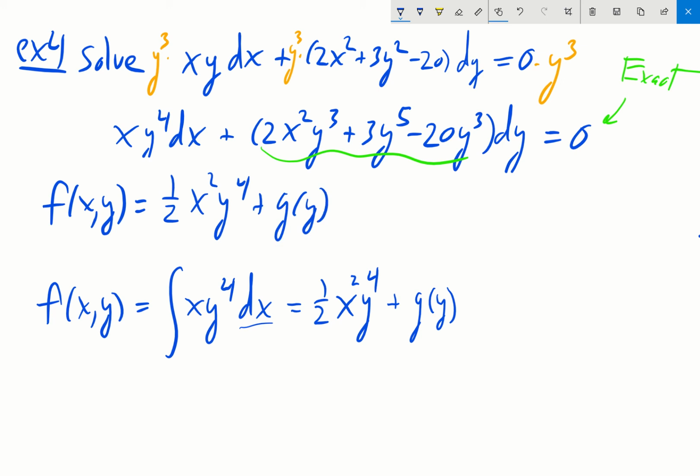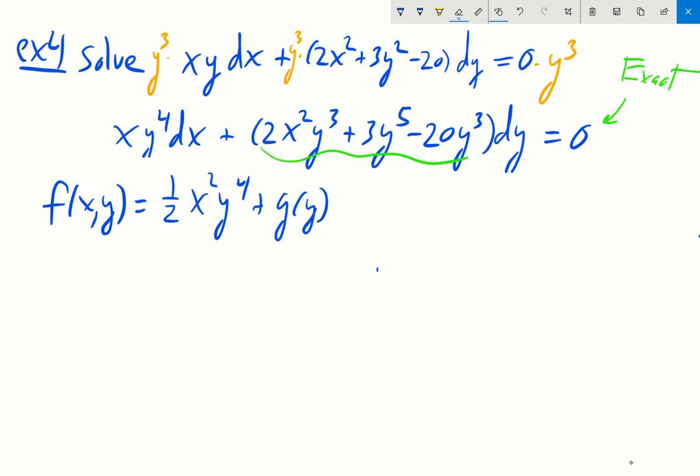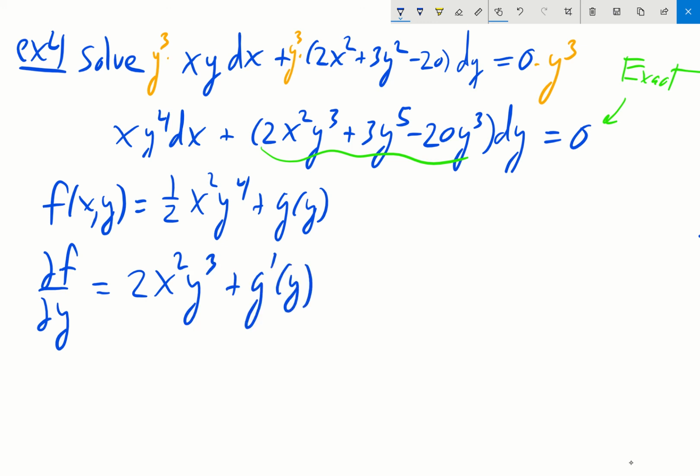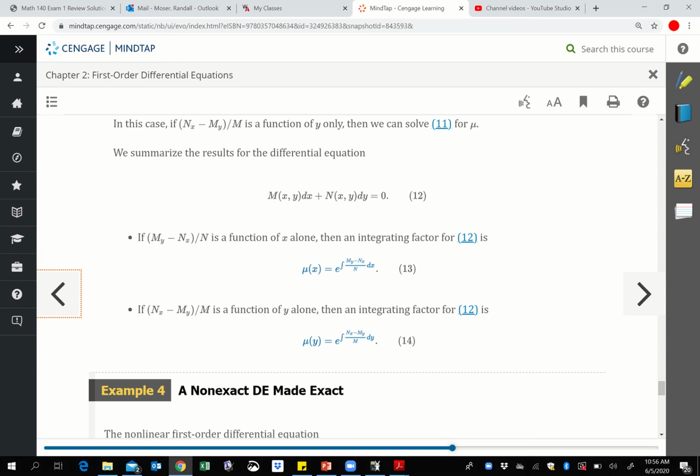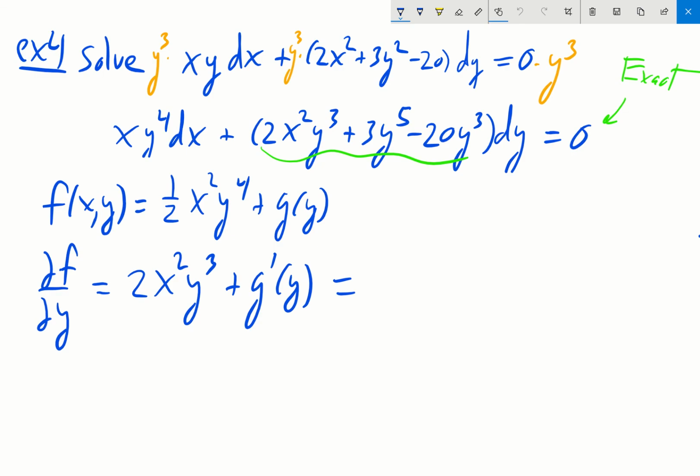We integrated with respect to x to find f. We're now going to differentiate this with respect to y. The partial of f with respect to y would be equal to, bring the 4 down, 2x squared y cubed plus g prime of y. And recall that this should have been equal to the N tilde function, right?